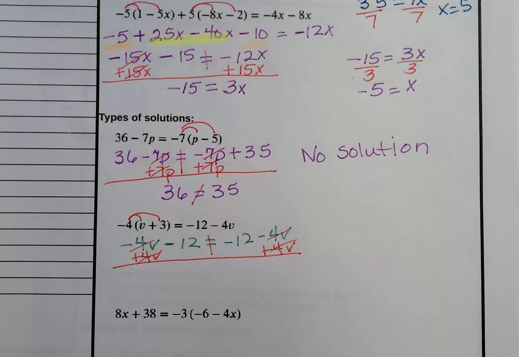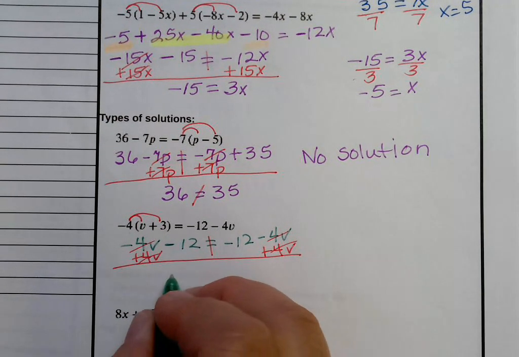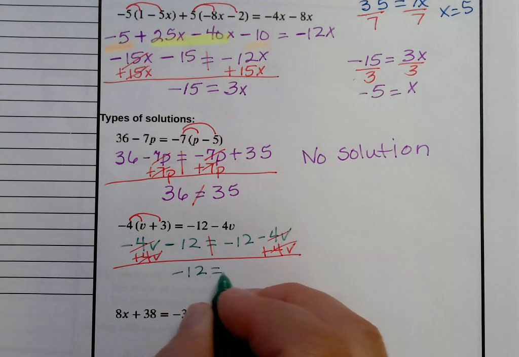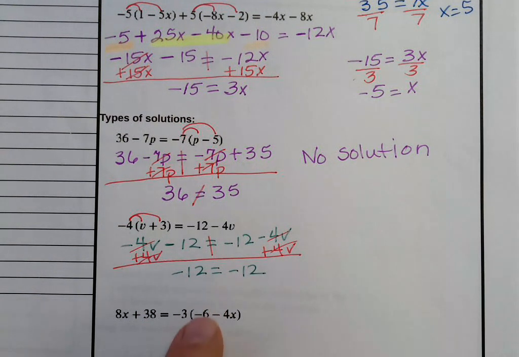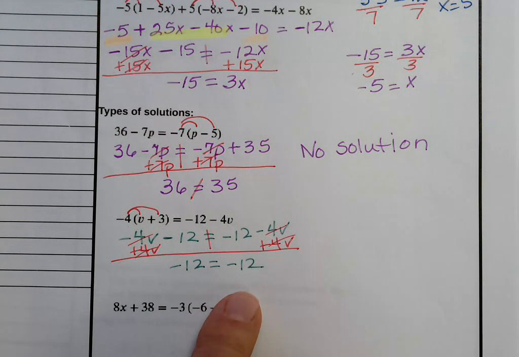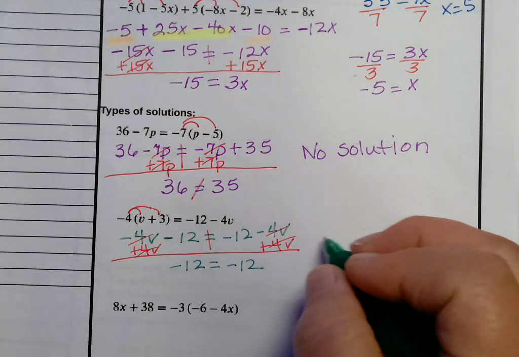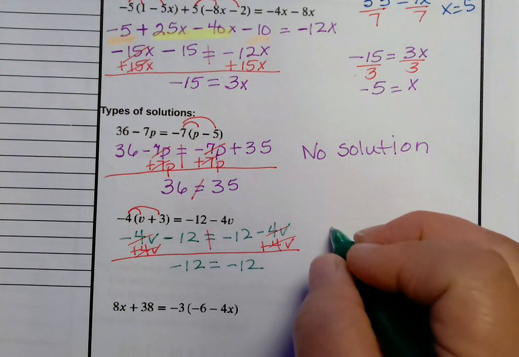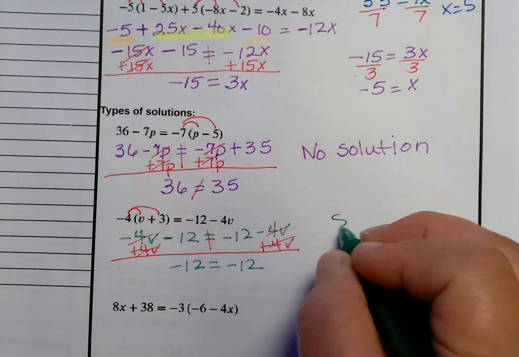But this time, something interesting is happening. I've got -12 is equal to -12. When does that happen? That's always, always true. So in this case, the solution set would be the set of all real numbers.